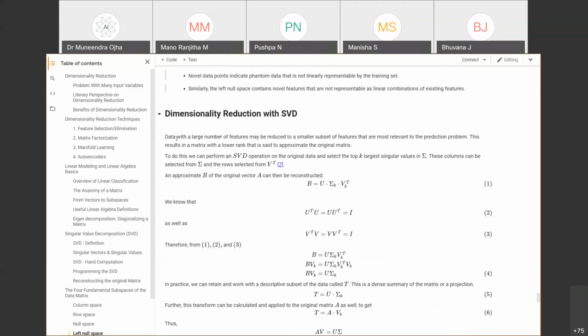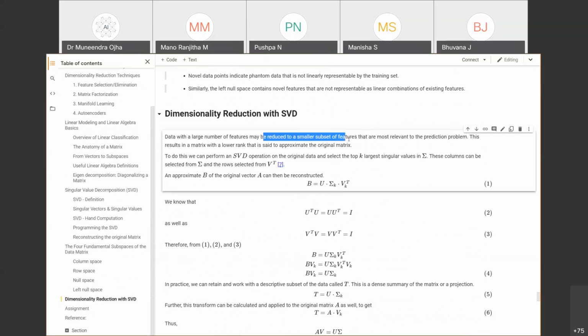Now, data with a large number of features may be reduced to a smaller subset of features that are most relevant to the prediction problem. This results in a matrix with lower rank that is said to approximate the original matrix. So if we are removing something, the leftover matrix is approximating the original data matrix.